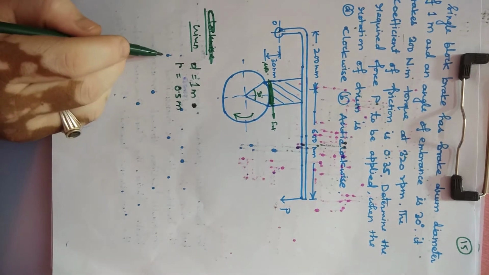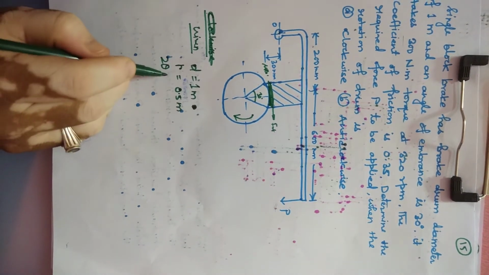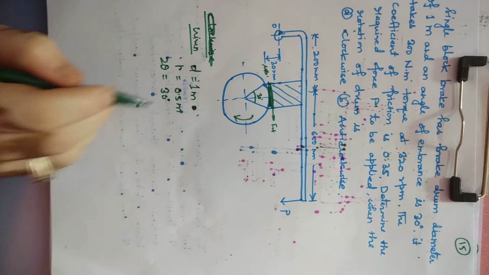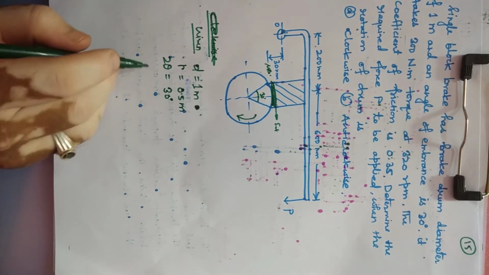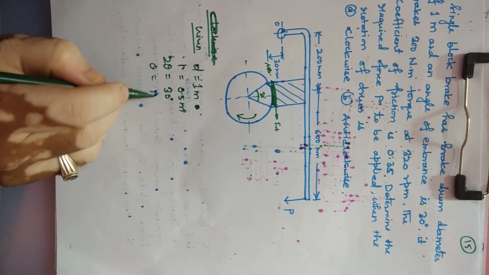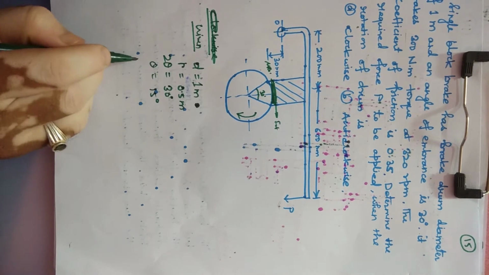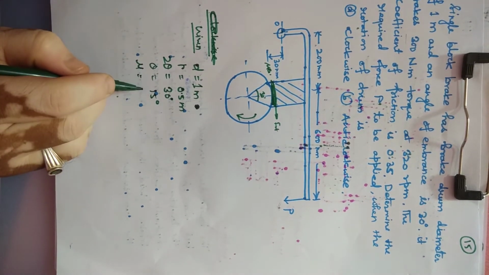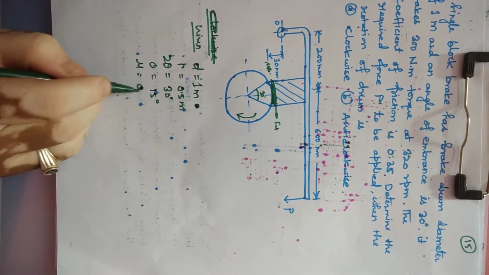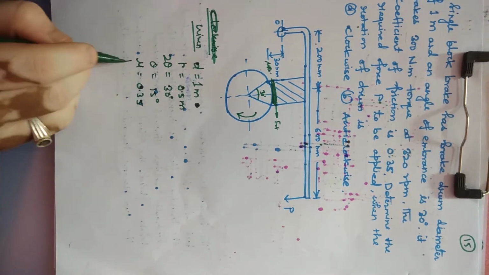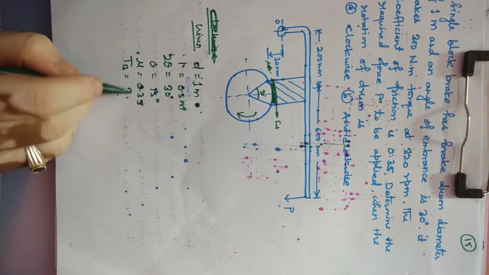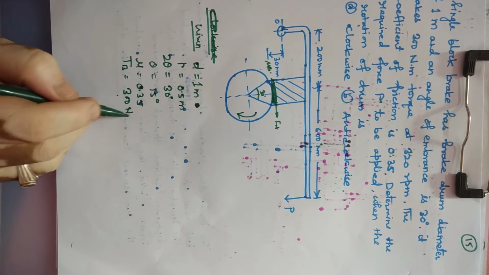Now the angle of contact, that is 2 theta, has been given as 30 degrees. So theta will be 15 degrees, and mu is given as 0.35 and TB given as 300 Newton meter.